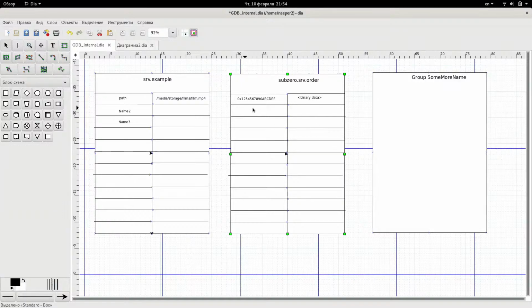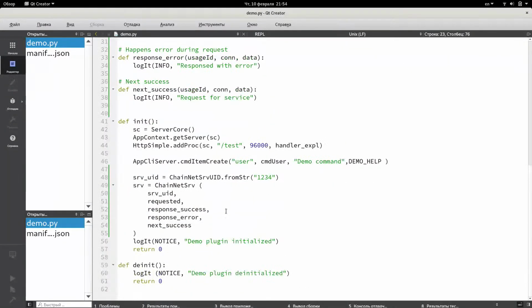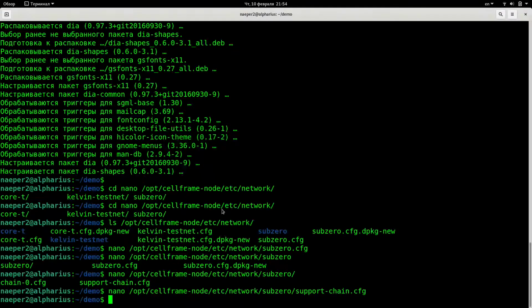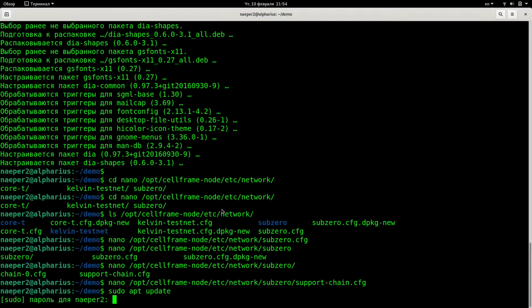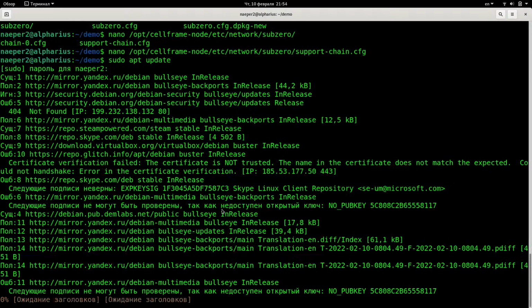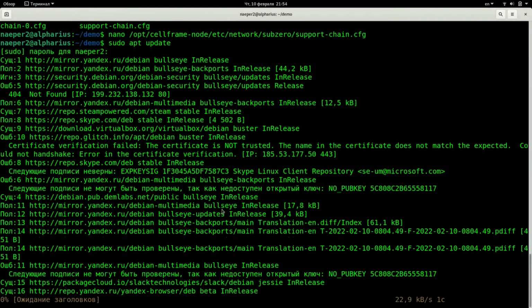What does an order mean? Let's return to our code and see what we have with these things. First, we need to update the Cellframe node and run our plugin, to see how it's working.